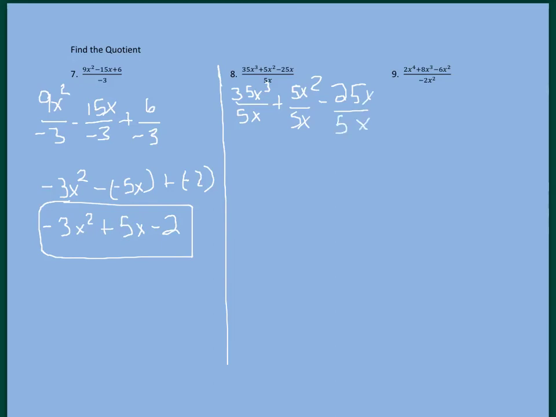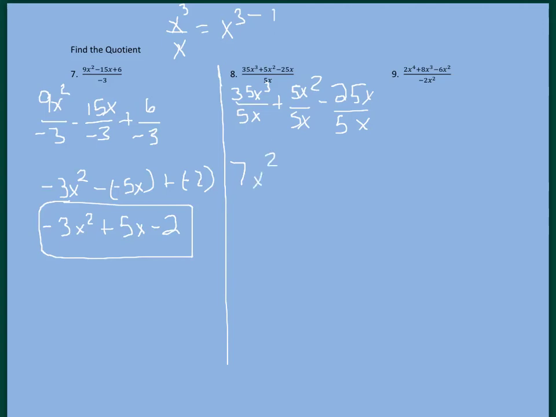Now simplify. Well, 35 divided by 5, 7. X cubed divided by x, so remember, we've learned this before. When you multiply, we add the exponent. So when you divide, subtract. So what's 3 minus 1?